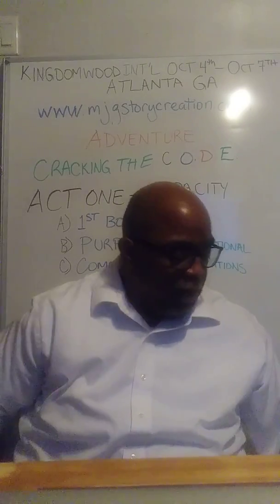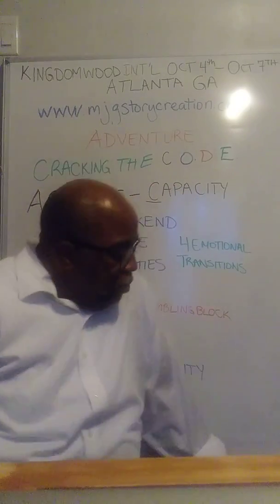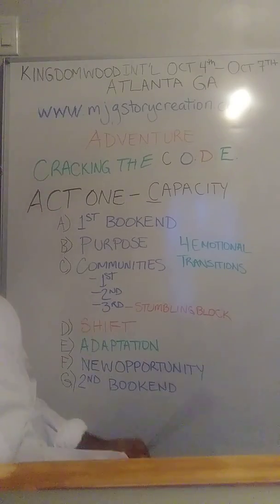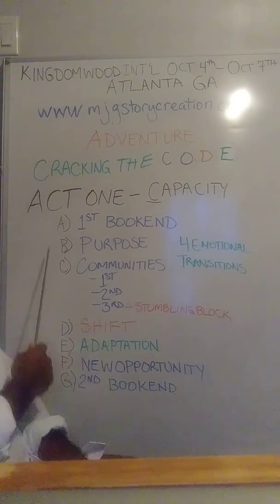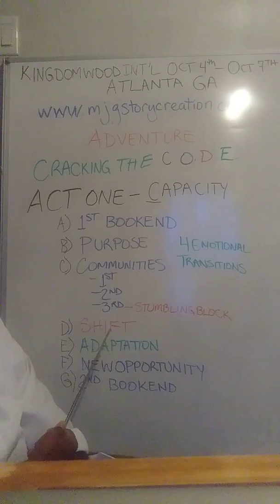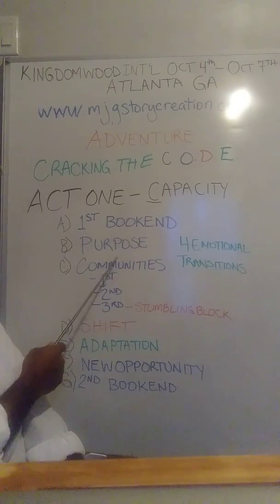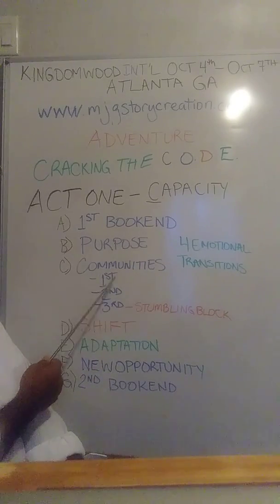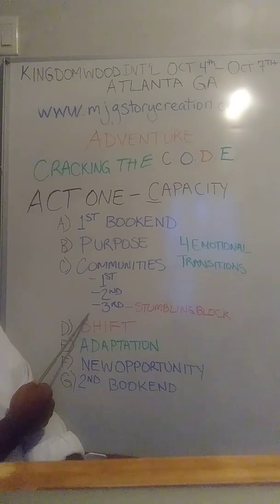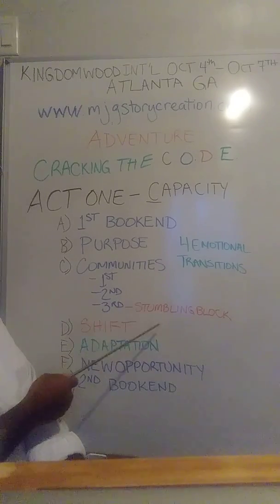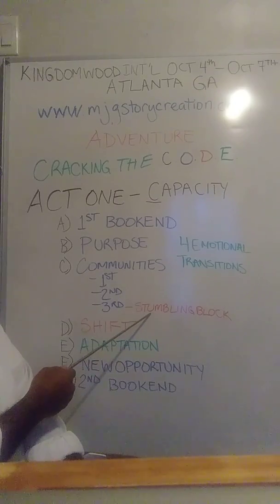So let's go over the breakdown. Of course, we have our first bookend, the opening scene. Then we have our purpose. Then the communities, one by one, three communities for an adventure. And of course, in that third community, we introduce the character stumbling block.